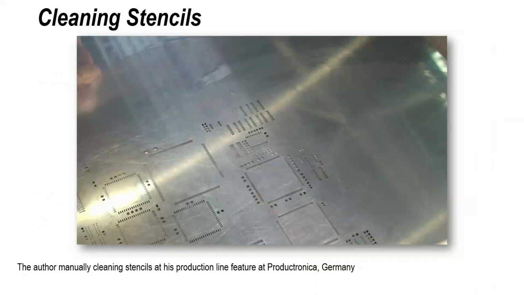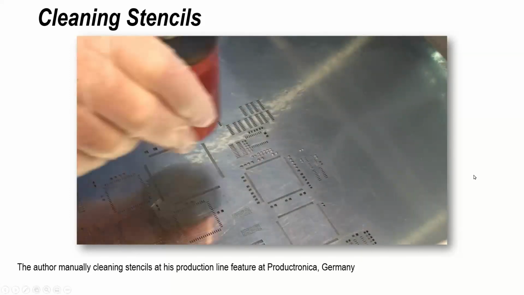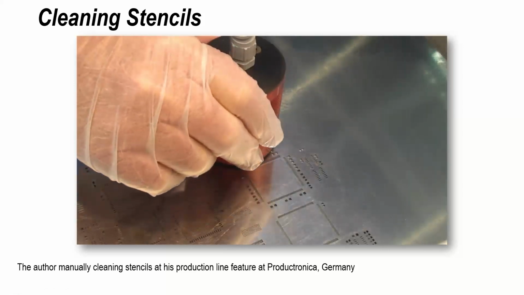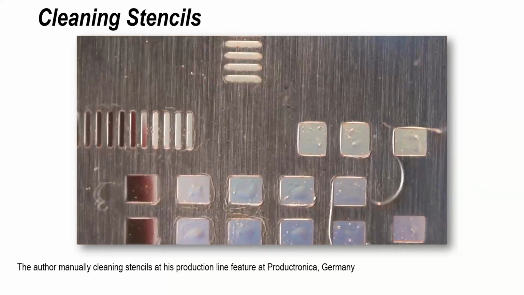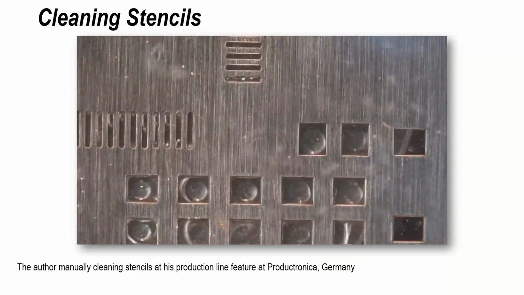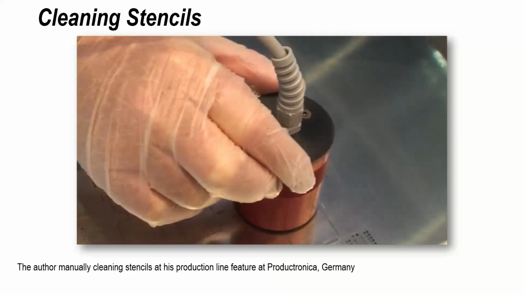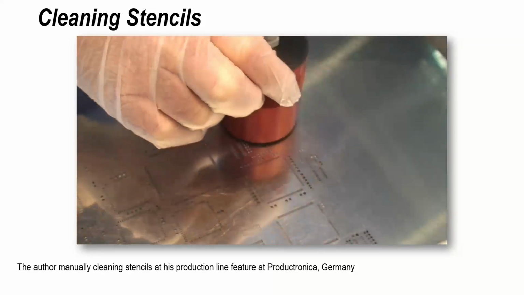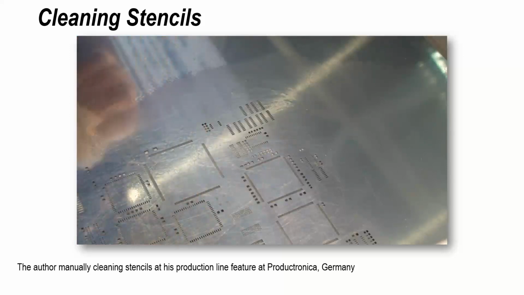And this is Bob Willis, myself, the author, actually doing cleaning on a production stand at Productronica, one of the largest shows in the world in Germany. And I was doing this at a production show, and I was cleaning the stencil. And as you see here, again, my trick video. So you're looking at me looking through glass during the cleaning operation, which is useful to understand your process.